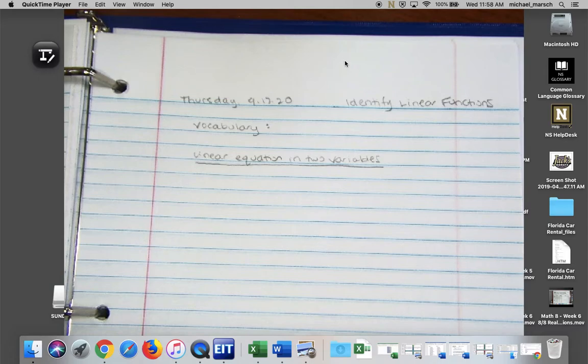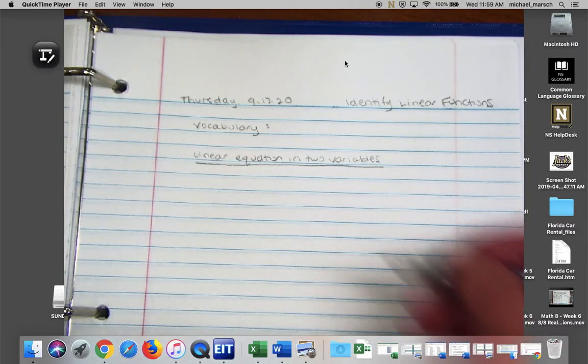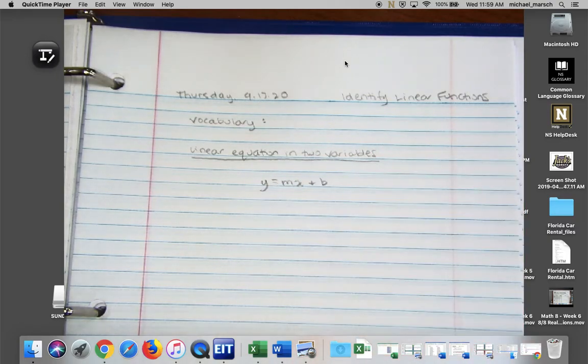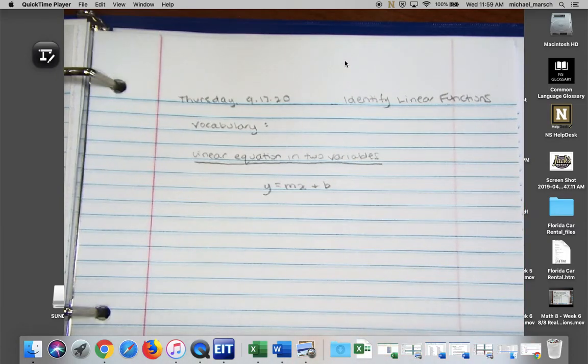So up until this point, we've really only had one variable per equation we're solving. It's either x or y or z or t or r, whatever. Now we've got two variables. This should look familiar to you. Y equals mx plus b.